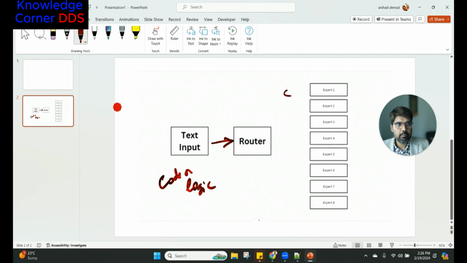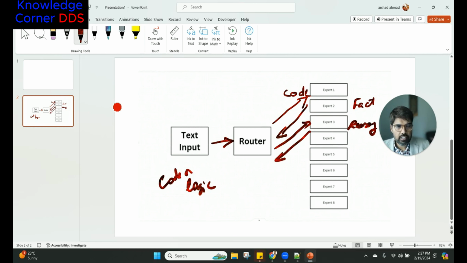Suppose there is a part of code in your context, it goes to the expert that is good at code. Another expert is good for facts, another is good for reasoning. If something goes to the reasoning expert, it gives the information back. The router decides which expert to send it to, and then gives back the response.